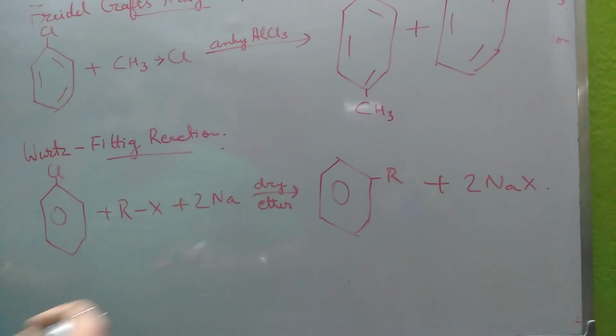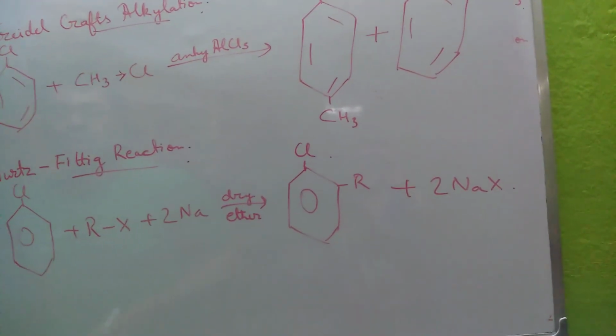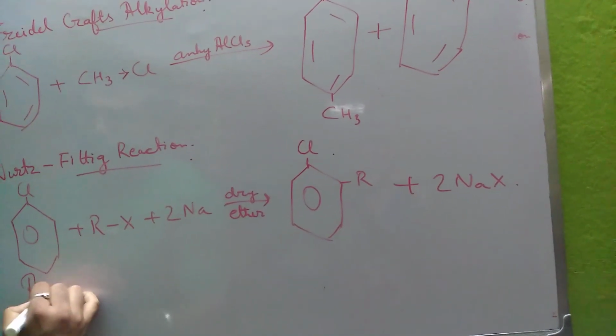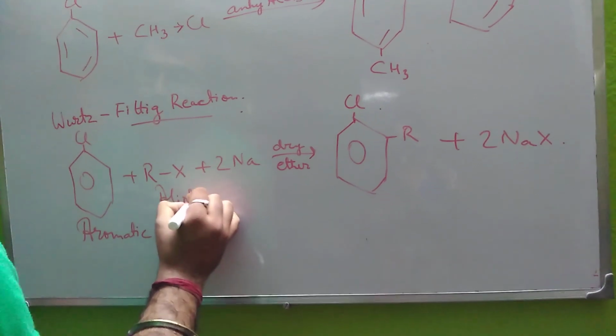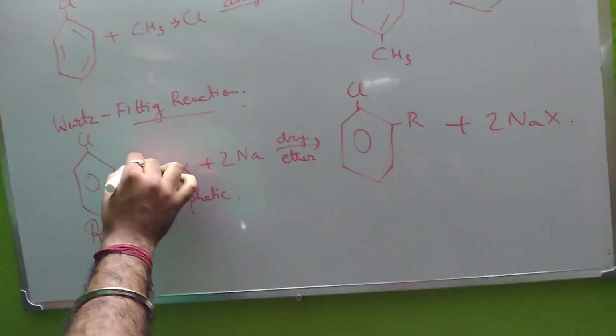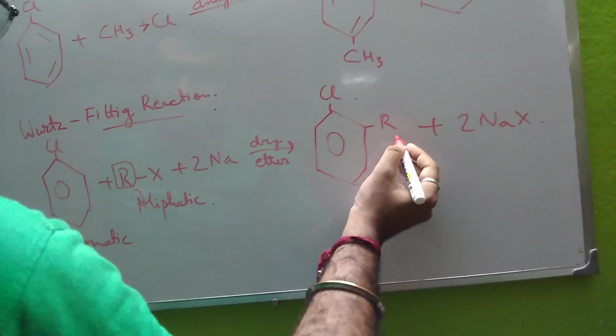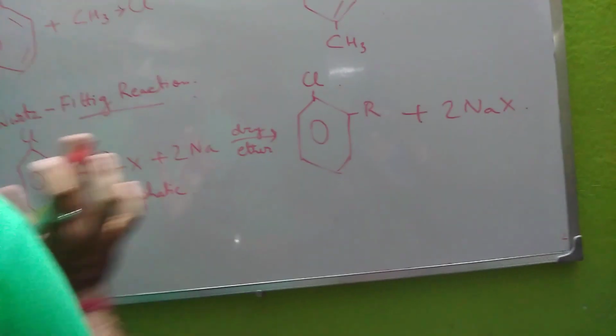And chlorine remains as it is. So over here, this is an aromatic halide and this is an aliphatic halide. So when both are reacted together, what it gives? The alkyl group comes to the ortho position, chlorine remains as it is, and it becomes 2NaX.